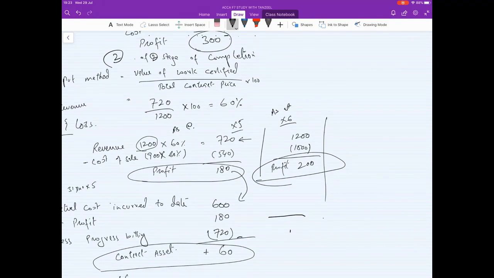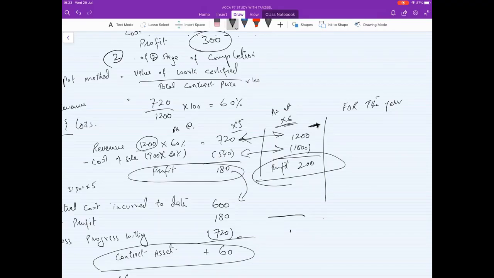So if you see, this is for as at, but if you want to extract for the year, just take the difference between these two years, because this is the first year and this is after completing the project.